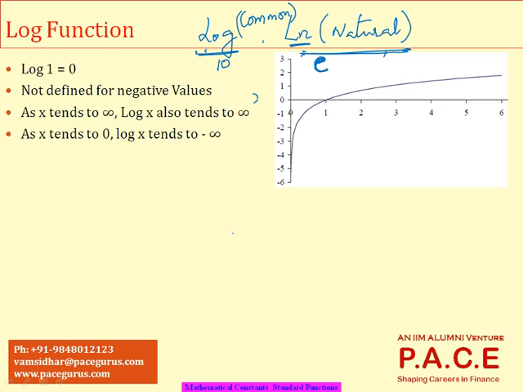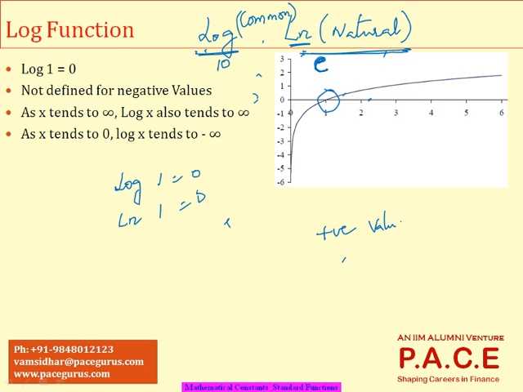Log 1, whether it is log 1 or ln 1, both of them will be equal to 0, which means at the point 1, the graph will cut the x-axis, and logarithms are defined only for positive values.